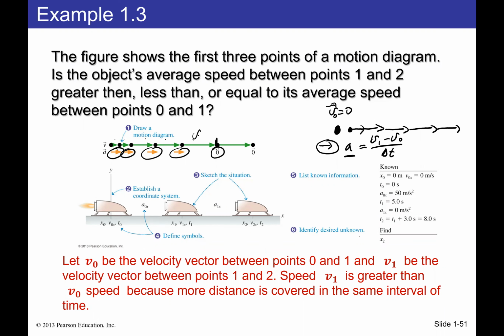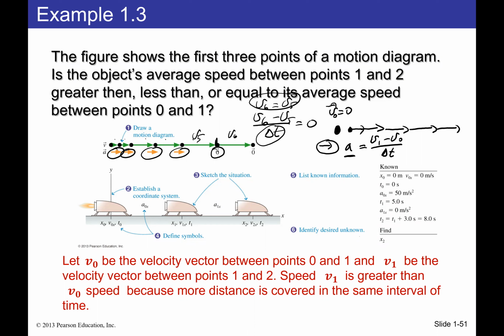So this is V5, and this is V6. Then what I have here is V6 minus V5 over delta t equals 0. Well, it can only be equal to 0, not because of delta t, but because V6 is equal to V5. That's why if I take their difference, you're going to get 0.